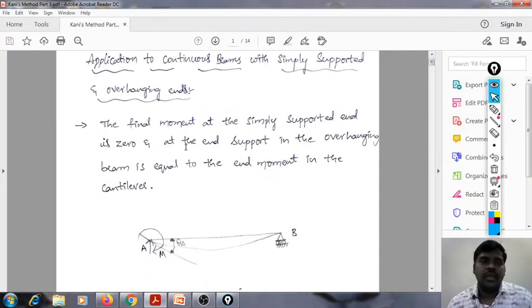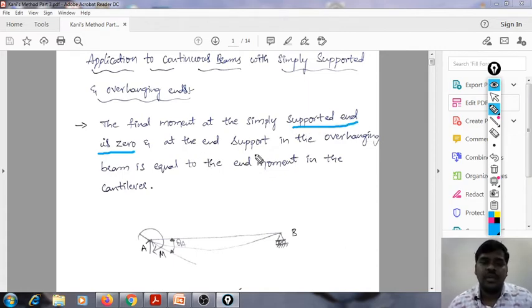So next, coming to the first line of the video, here we have the final moment at the simply supported end is 0. As stated just now by me, the final moment at the simply supported end is 0. The final moment at the end support in the overhanging beam is equal to the end moment in the cantilever.